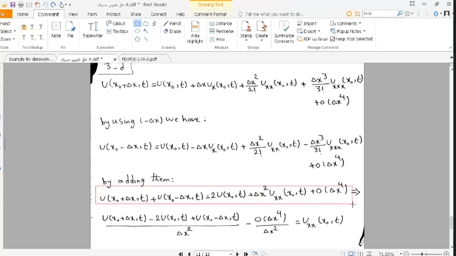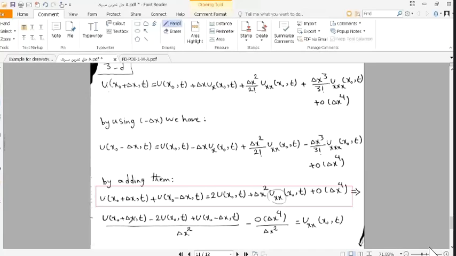When we obtain uxx from this formula, we have u at x0 plus delta x and t, 2u at x0 and t moves from right to left, and we have minus 2u at x0 and t, and then plus u at x0 minus delta x and t, over delta x2, and O of delta x4 over delta x2.